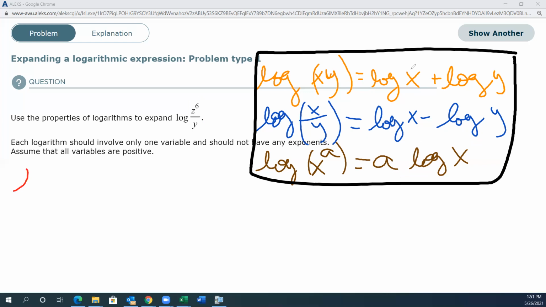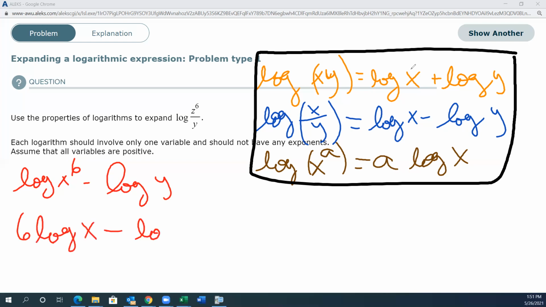So that'll be log of x to the sixth minus log y, and the base is 10 because I don't explicitly state it. Now I can pull the 6 out of the first log because everything in the log is being raised to the sixth power, namely the x. So I can pull that 6 out using the third rule, the exponent rule. And that's as far as I can take it. Okay.